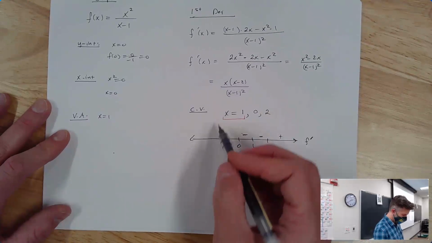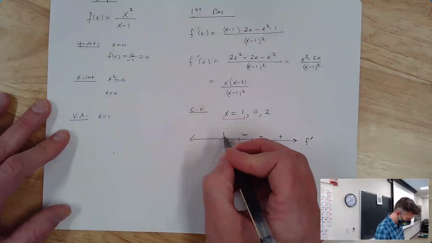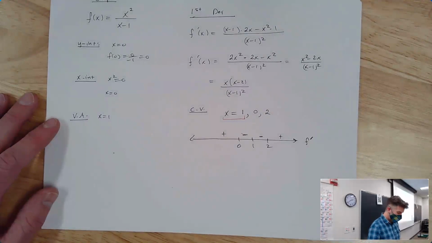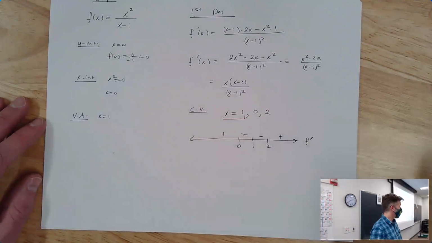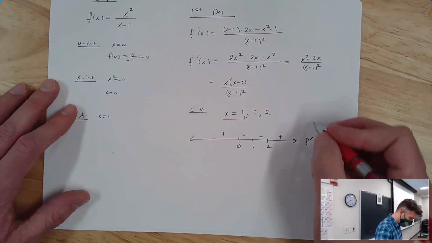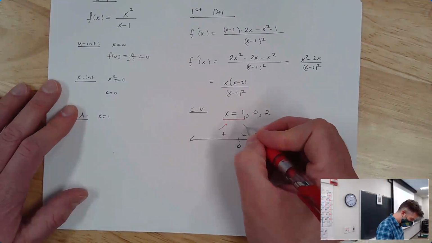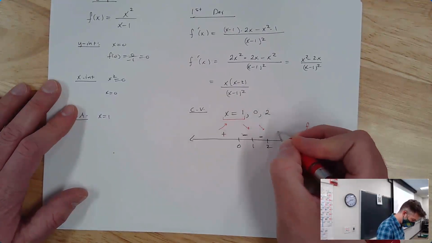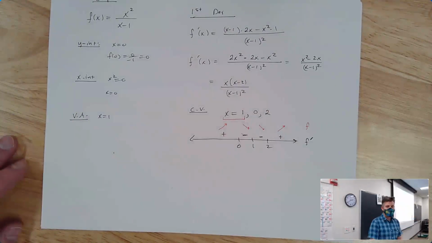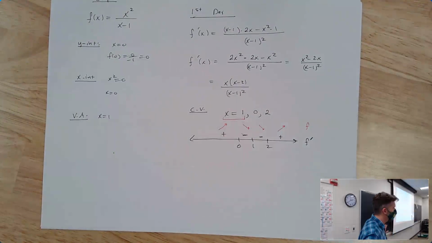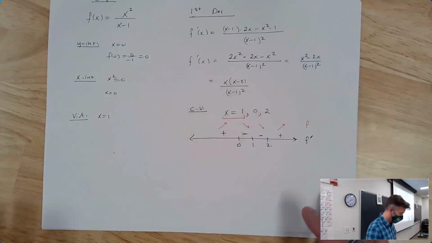Less than 0, negative, negative, positive, it's going to be positive. And then above that, I like to draw in what the function looks like. My first derivative is positive, and the function is increasing, and then negative decreasing, and then decreasing, and then increasing. So just from the first derivative, I already have a vague idea of what the shape of this thing is. In fact, I could probably do a decent job of drawing it right now.